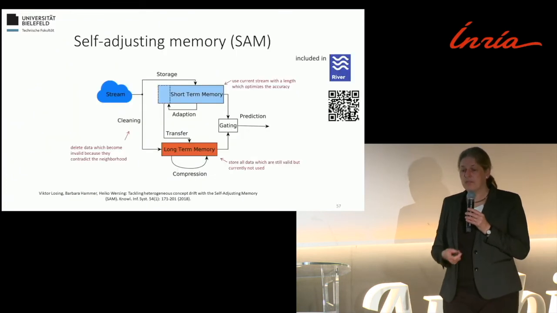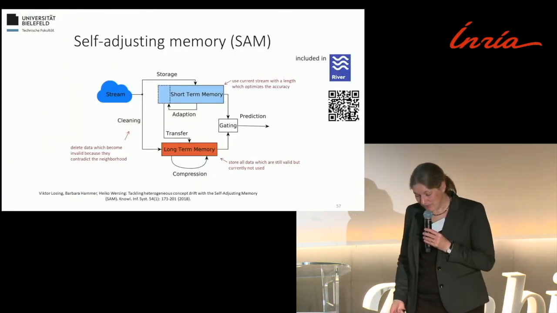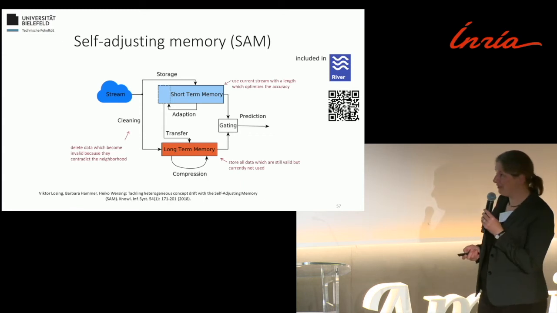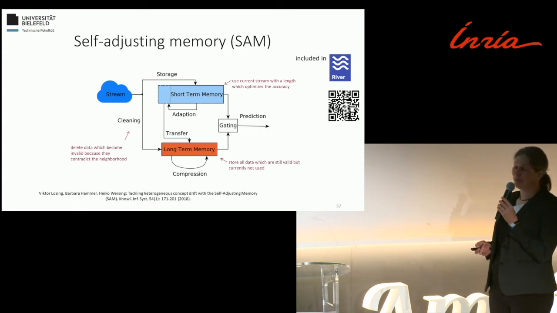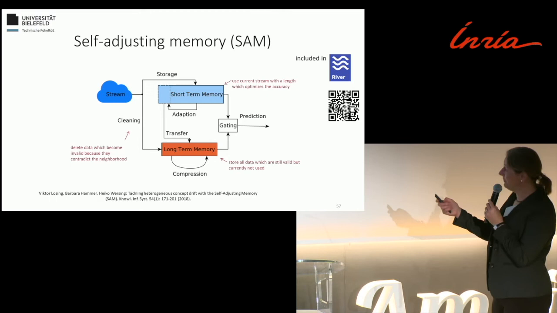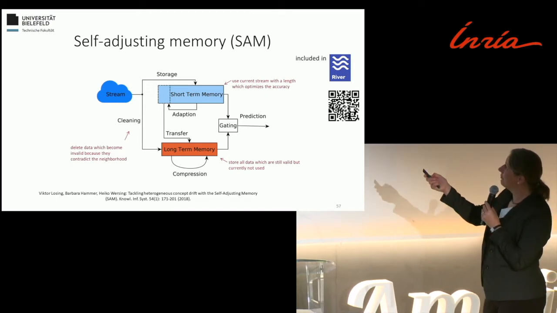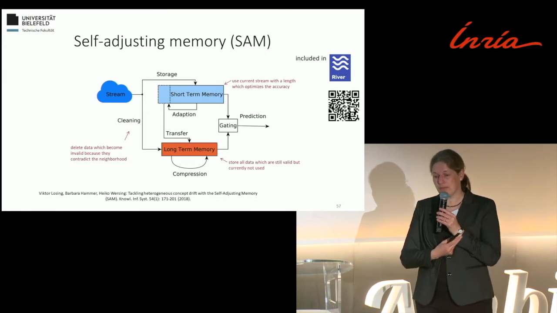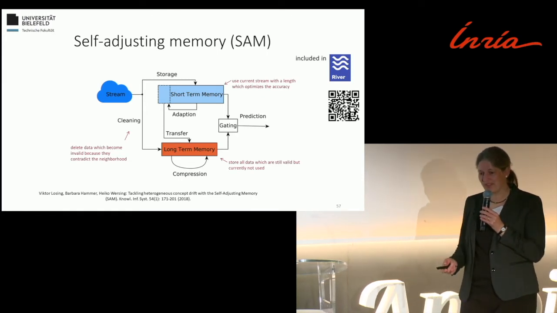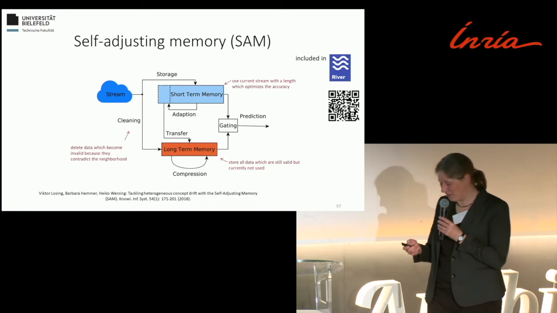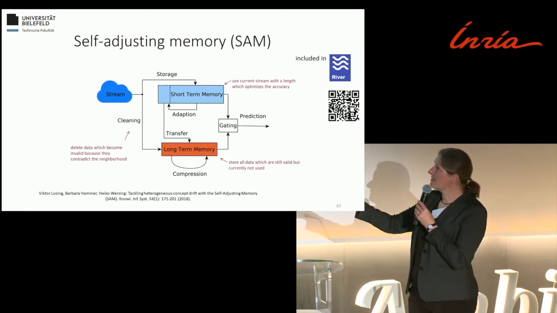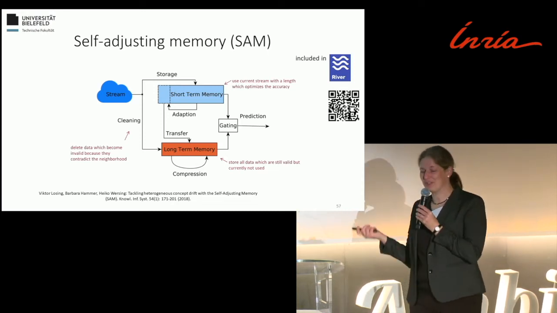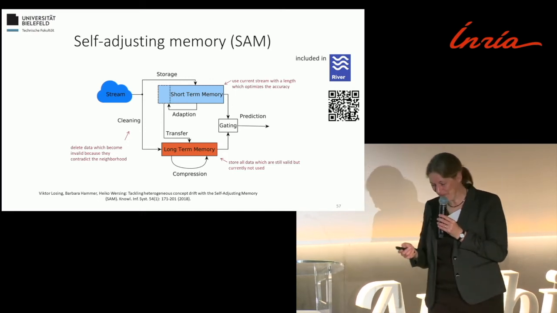There do exist many methods to deal with drift, and there's a very popular toolbox from Paris, the River, from Albert Bifet and colleagues, where you have quite a number of methods being able to learn with drift. And we are very happy that one of the methods developed by us, the self-adjusting memory, is part of this French toolbox.